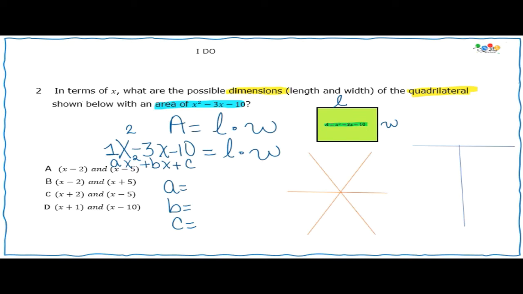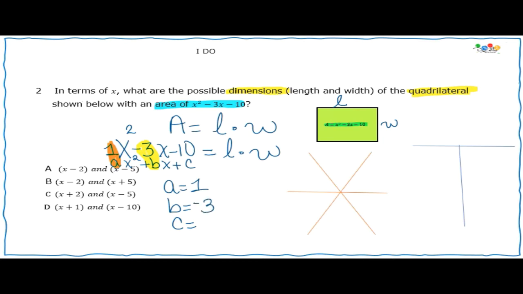Okay, so now I'm going to write down my values for a, b, and c. The value for a would be what? Yes, a goes right here, so it has a value of 1. B has a value of what? Negative 3, right? So negative 3 will be right here.